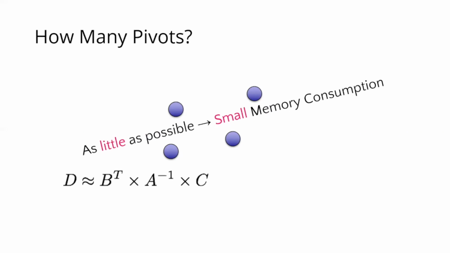And that also means, in terms of memory consumption, you also want to have as small a number of pivots as possible. Because again, look at this matrix over here. You don't want to store the entire distance matrix, and you want to keep it as succinct as possible.